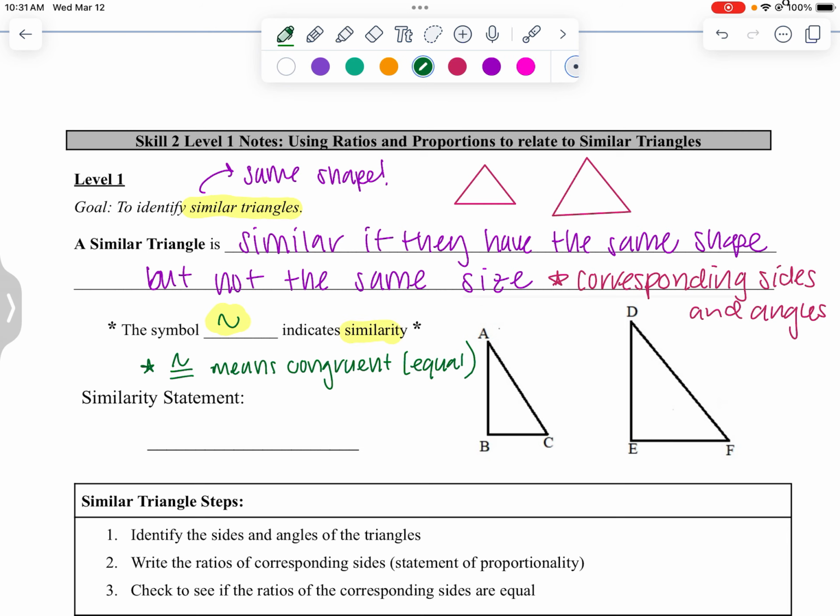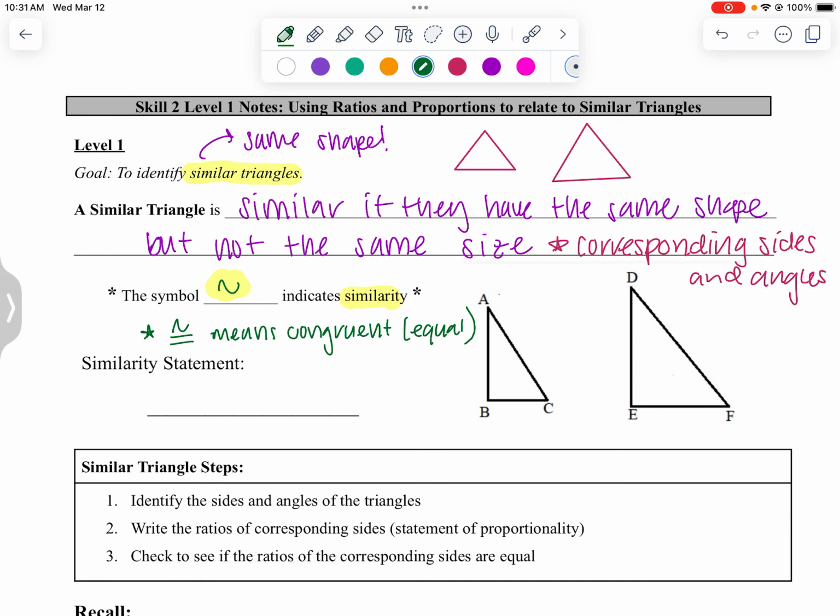Okay, so if I was looking at this triangle, I have triangle ABC and triangle DEF. It looks like them just matching up. Let's say angle B and angle E are right angles. If I'm looking at the triangles, that means angle A and angle D go together, and angle C and angle F. So when we're writing a similarity statement, we identify the triangles.